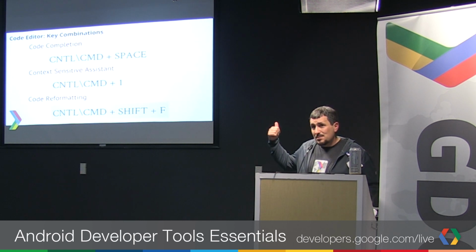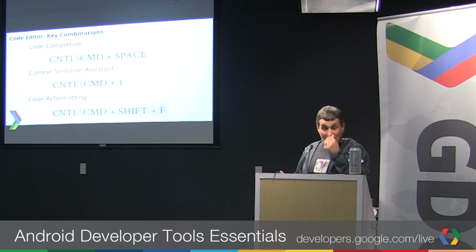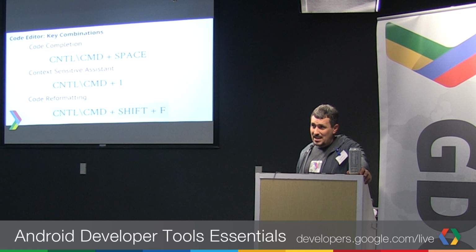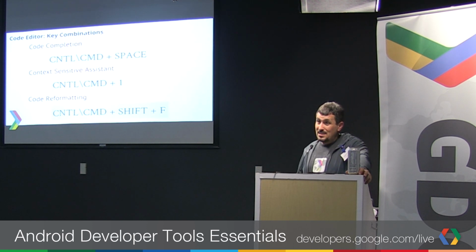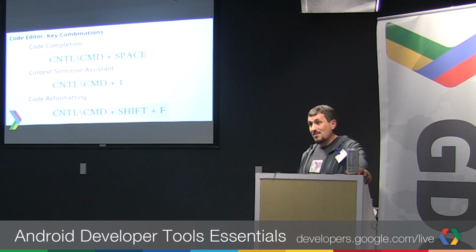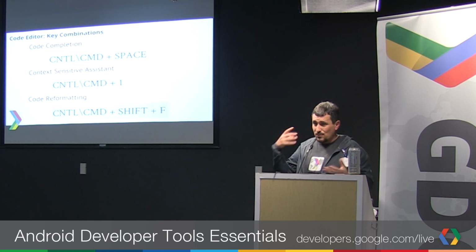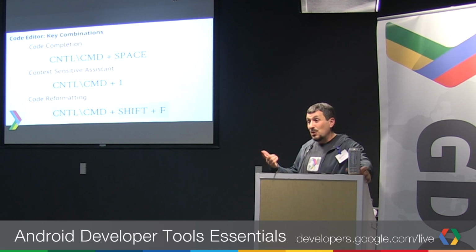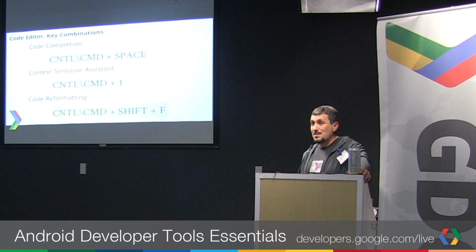And then the last one on this page is Command-Shift-F. This allows you to reformat your code to change indentation or formatting. The cool thing is this has specific functionality for XML. It will change your formatting, change your tabs, so everything lines up. It will also reorder your XML attributes.